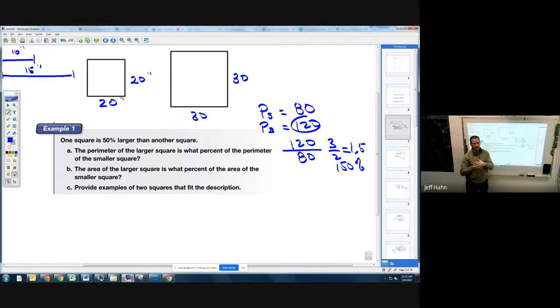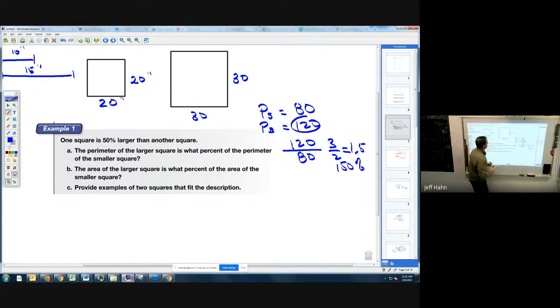Okay, now, here's where all the wheels fall off. I've been working my whole life for this moment right now, because this is the big one. Looking at the area of the big square. One would think that the area would also be 150%.